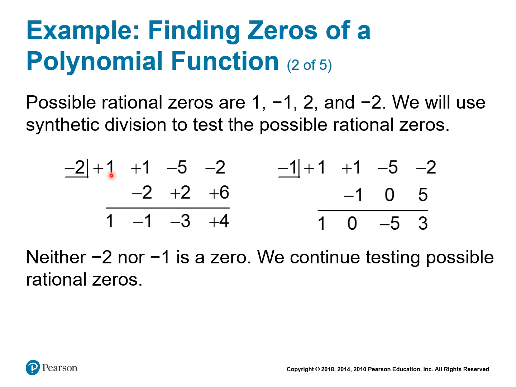So first, we see they have used the negative values. They started with negative 2, looks like, and then negative 1. So they've just decided to go from the smallest to the largest, probably.